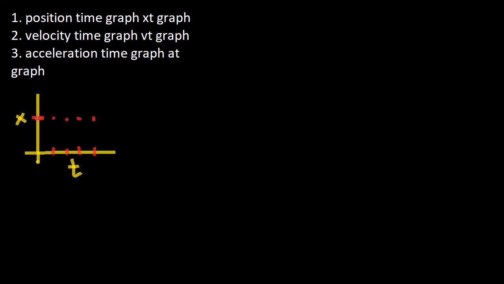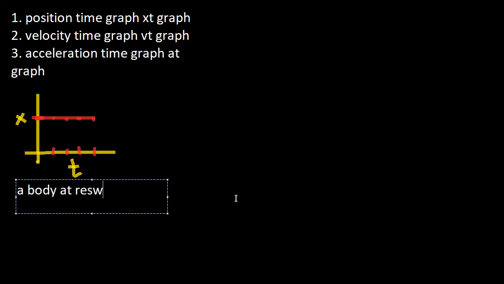A position time graph actually looks like a line parallel to the time axis. So when the graph looks like this, we can say that this is the graph of a body at rest whose position is not changing with respect to time, right?